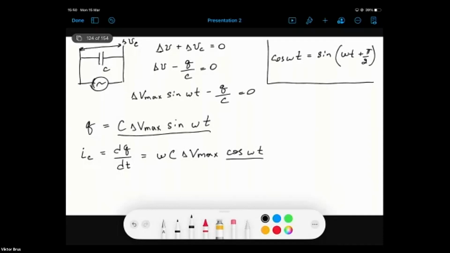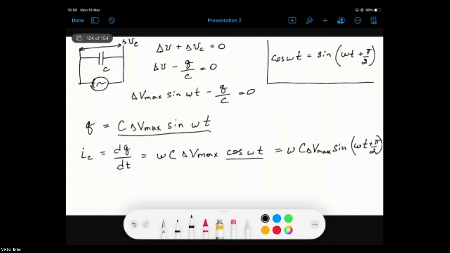Now we can write that this instantaneous electric current through the capacitor will be equal to omega times C times delta V maximum times sinus omega t plus pi over 2.